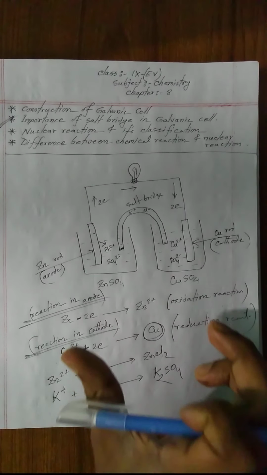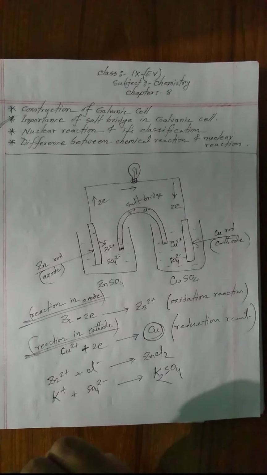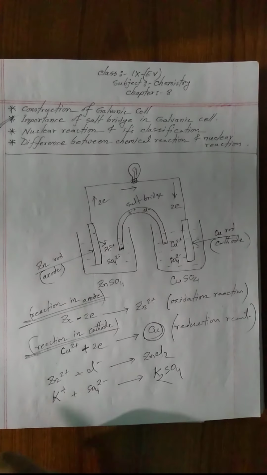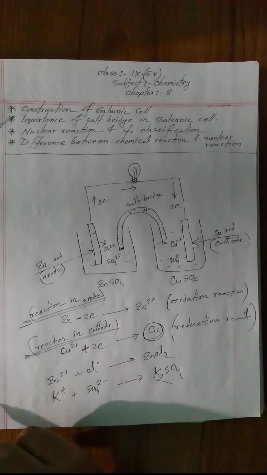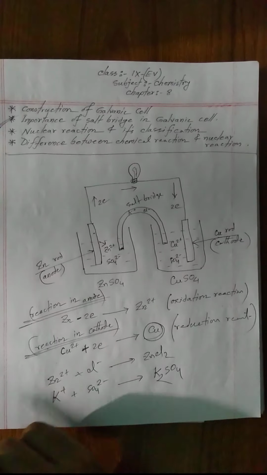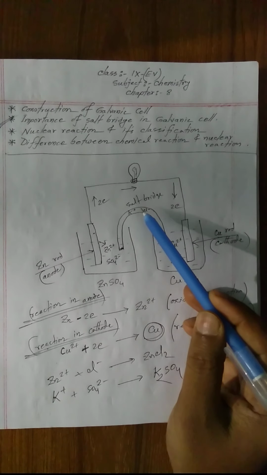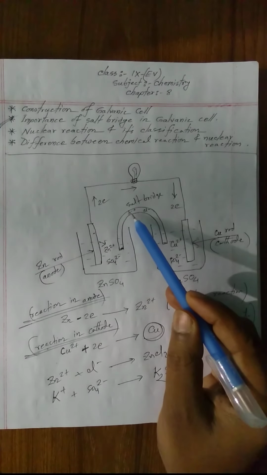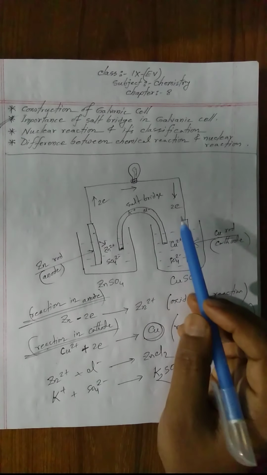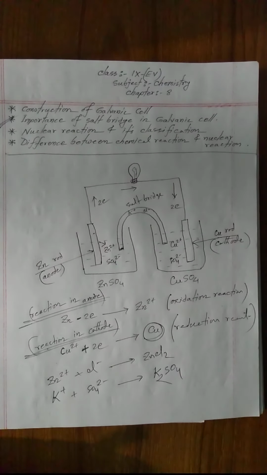Ultimately the ions of these two pots are balanced by this salt bridge, in which potassium ion and chloride ion are present. So this is very important to balance the ions in these two pots, resulting in uninterrupted flow of electricity.